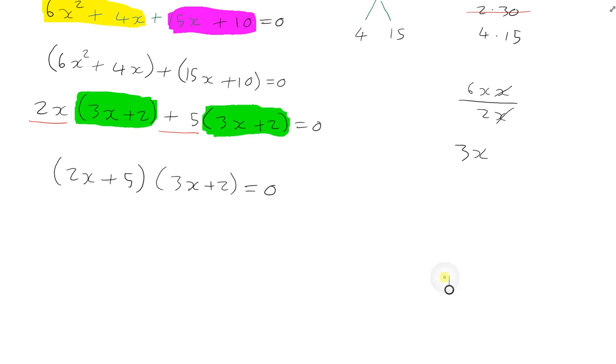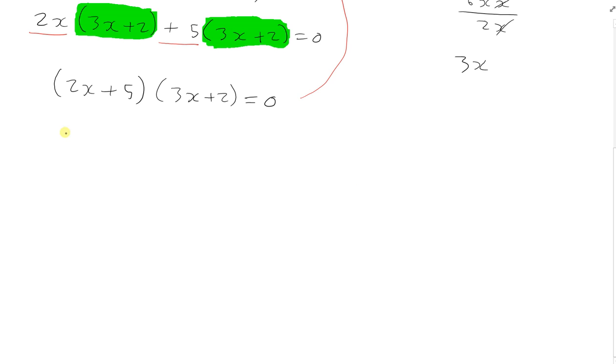So now I'm going to have 2x plus 5 equal to 0 and 3x plus 2 equal to 0. I'm solving for x here. I'm going to subtract 5 from both sides, so 2x is equal to negative 5 and 3x is equal to negative 2.